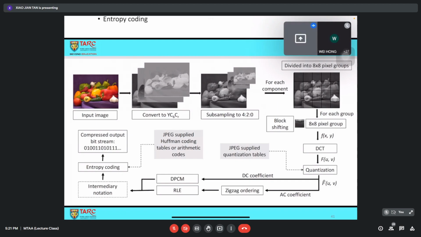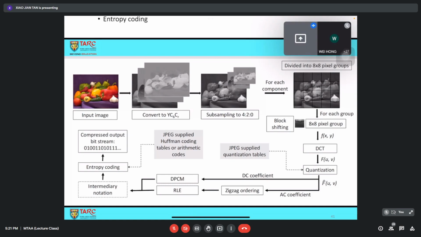To me, JPEG compression consists of many chapters, because in order to know the entire flow of the JPEG compression, you actually need to combine knowledge from several chapters. Please do not just solely think that JPEG is JPEG.